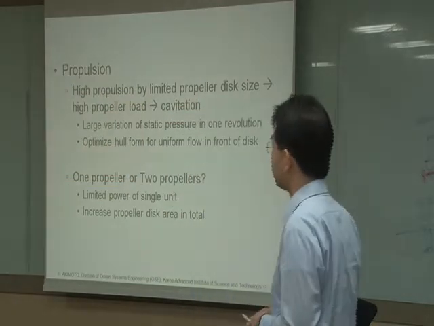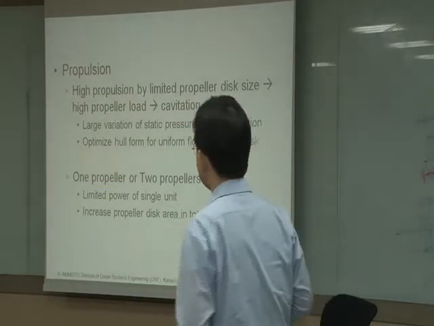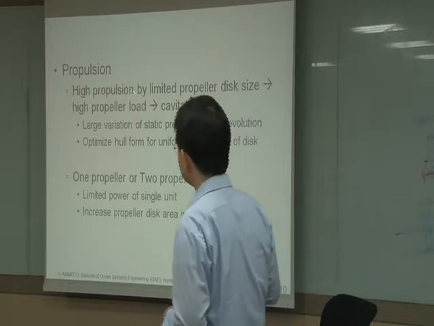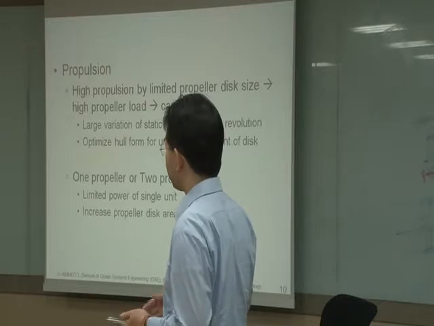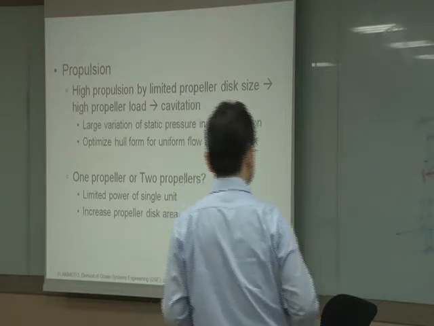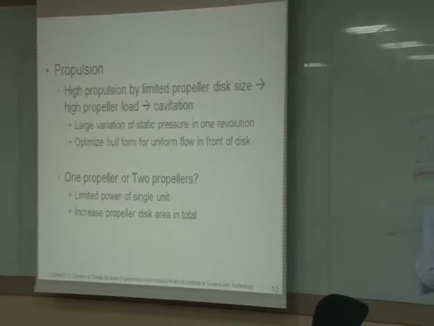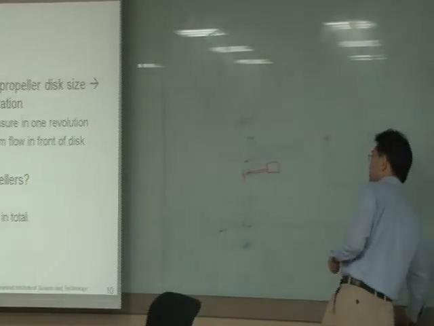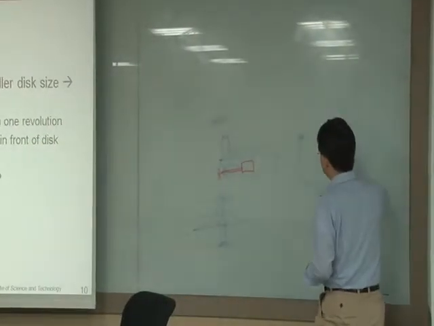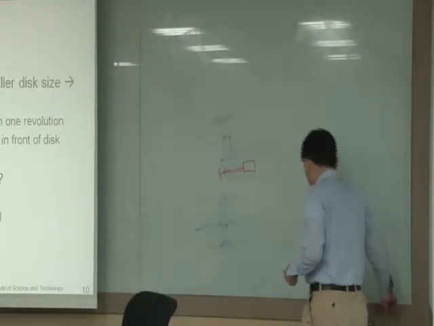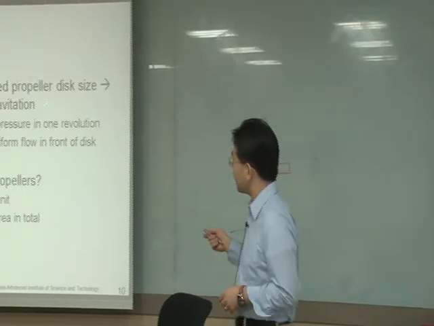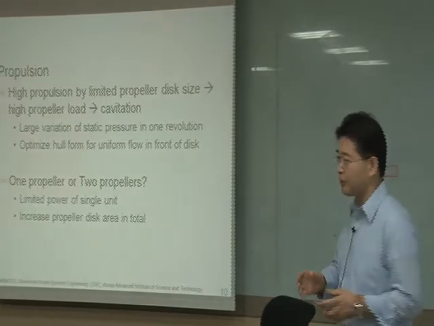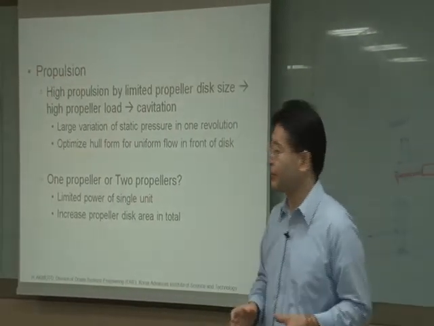Another consideration is propulsion. High propulsion is required for a very large vessel, but the size of the propeller disc is not sufficient because propeller disc size is proportional to the square of the size.